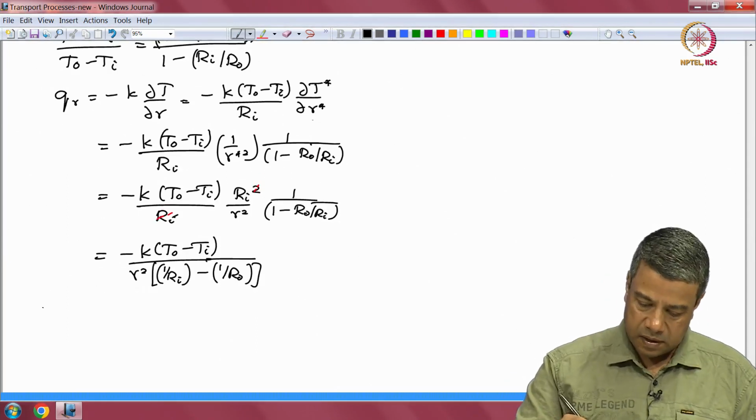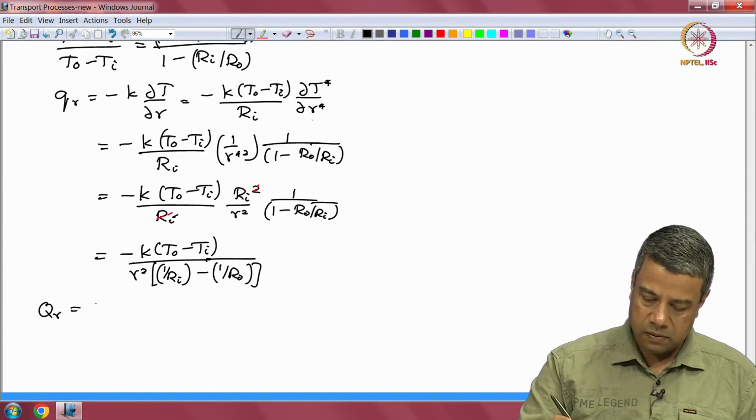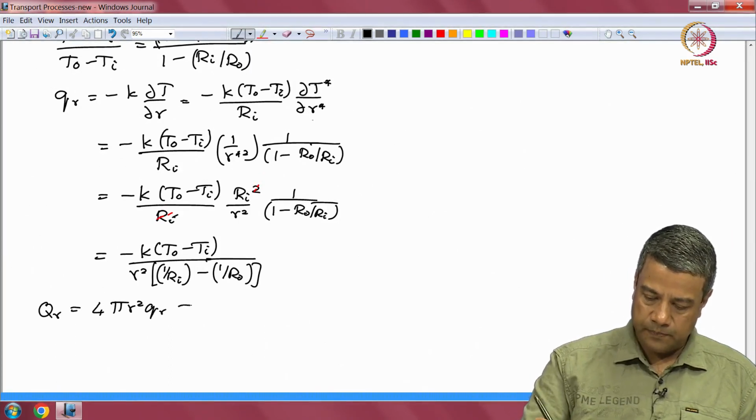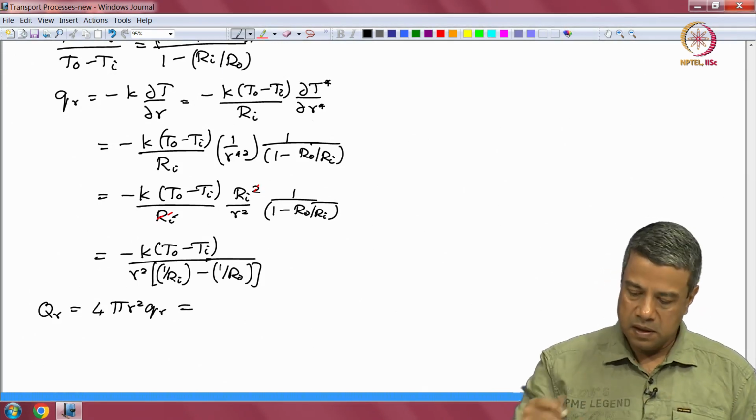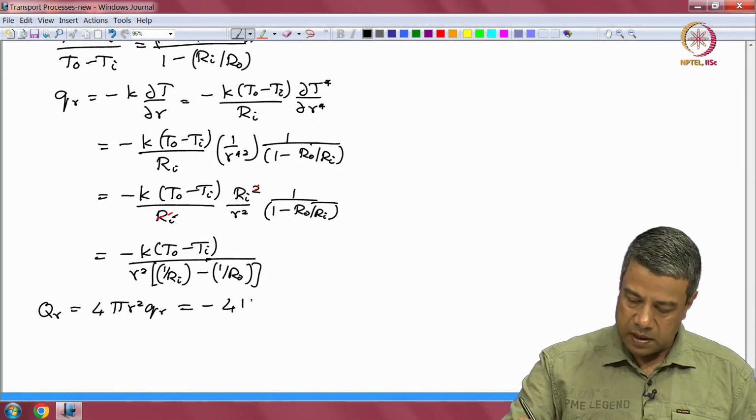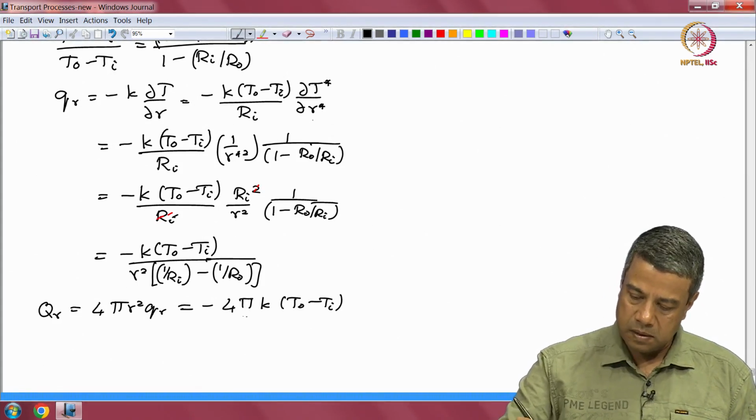Heat transfer rate, QR, is equal to 4 pi R square QR, the surface area times the flux, which is minus 4 pi K into TO minus TI by 1 by Ri minus 1 by Rho.